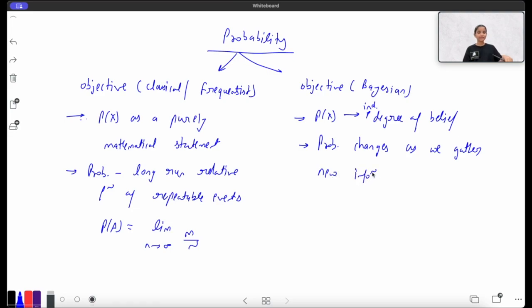This is the main thing happening in Bayes theorem. We are gathering new information and updating our probability. This happens continuously as we gather new information. For example, if you have a certain opinion about a particular team, that the team has performed very well in the previous matches, you have that opinion by considering those previous matches.